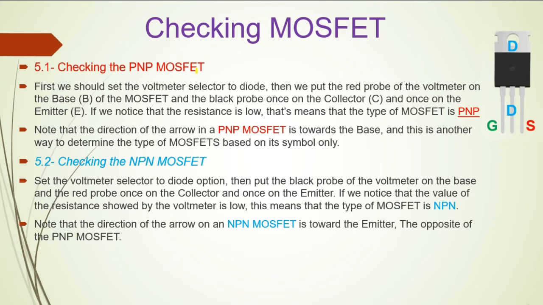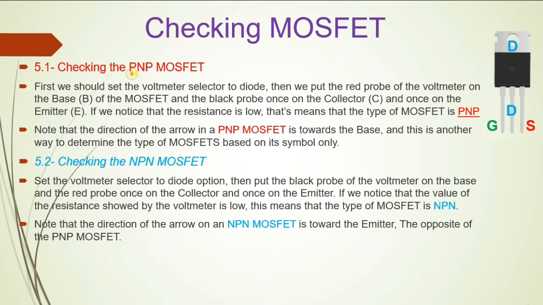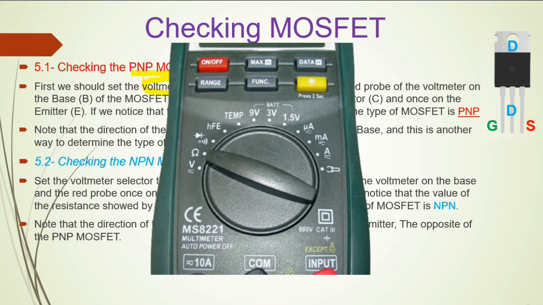As we saw before, there is the PNP MOSFET and the NPN MOSFET. So, checking the PNP MOSFET. First, we should set the voltmeter. The voltmeter, or the multimeter, is selected to diode mode.